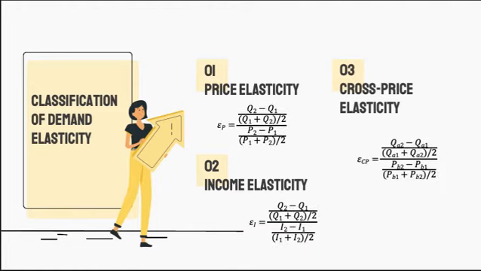These are the formula to be used in computing different classification of demand elasticity. Remember that we are using the arc elasticity method. The difference in the formula of income elasticity is we will use the percentage change in income.